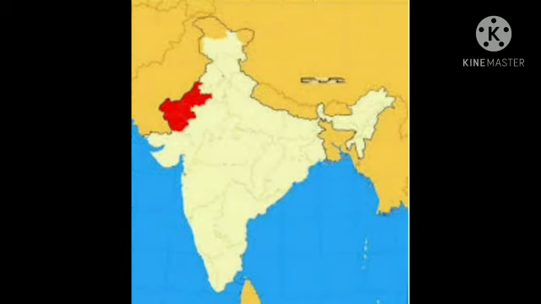The west side is covered with sand and consists of the Great Indian Desert. It is also known as the Thar Desert.